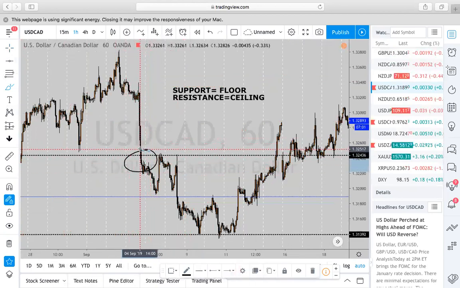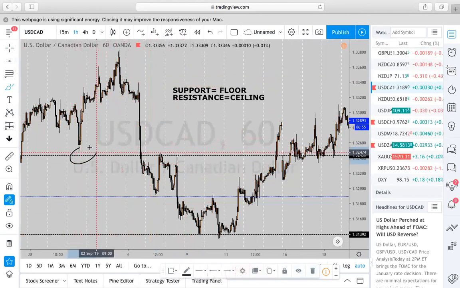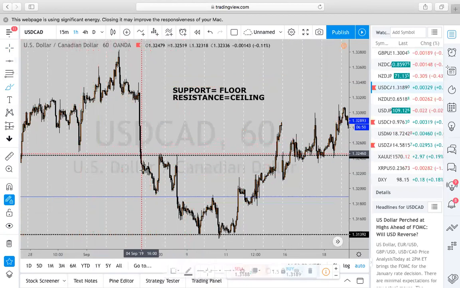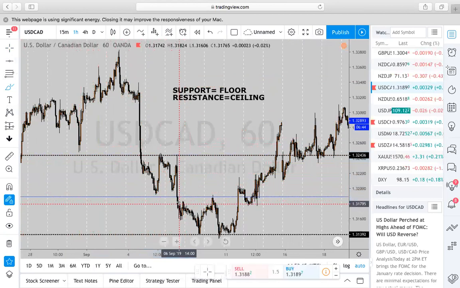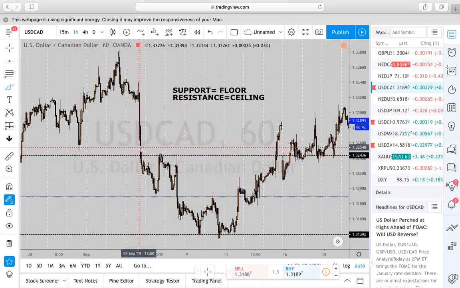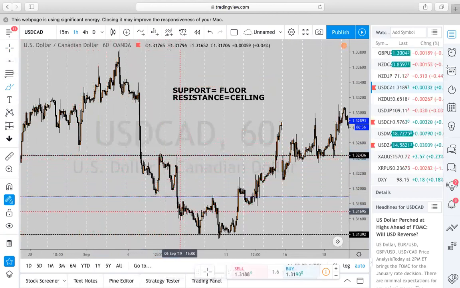Once you get that break, what they tell you is this was acting as a support right here, and once it broke, it came up to act as a resistance, as a ceiling, right? So, breaks the floor, test the ceiling, and that's your entry, right? And that's what they teach us.